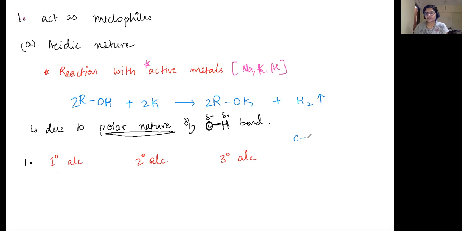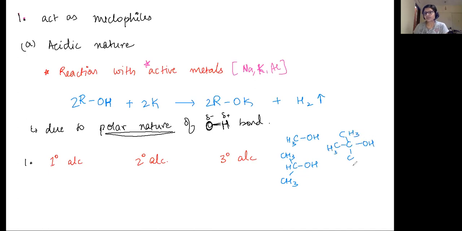Consider C-OH, like CH3OH. Secondary means C-OH with CH3 and CH3. And tertiary is attached to all three carbons and then you have OH.